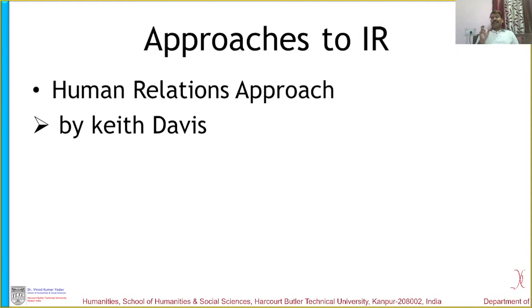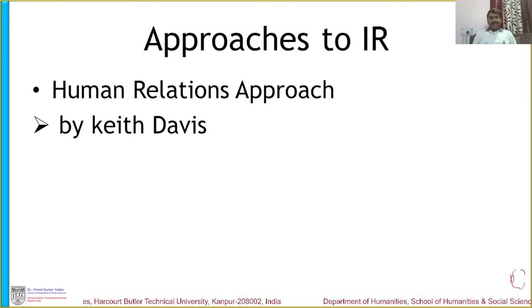Some critics have also observed that the human relations approach is basically an emotional approach or an exploitation of human relations for corporate benefit or industry benefit. But otherwise, the purpose of industrial relations is to minimize disputes, minimize grievances, minimize conflicts, and solve the problems as and when they arise, at a very early stage.